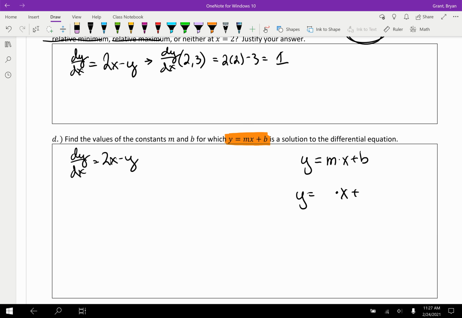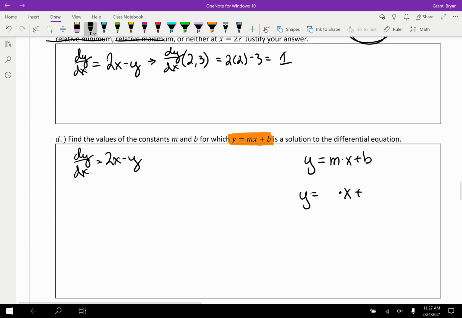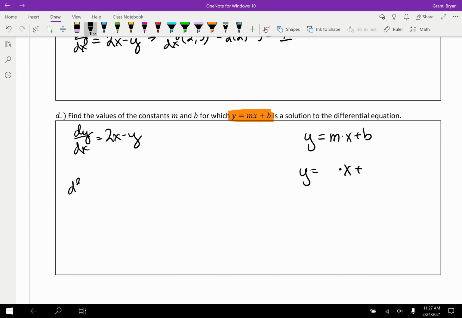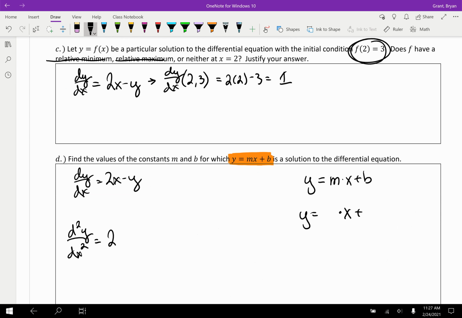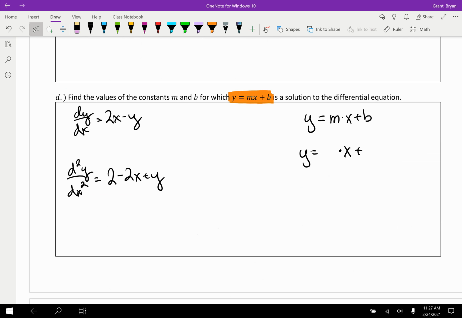But what I think is the easiest way to do this is to remember something else about a line, and not with regards to the first derivative, but with regards to the second. Since we had to find the second derivative, and we found that it was 2 minus 2x plus y, we know that the second derivative measures the concavity, and the concavity is like the flexiness, the curvature of a function.